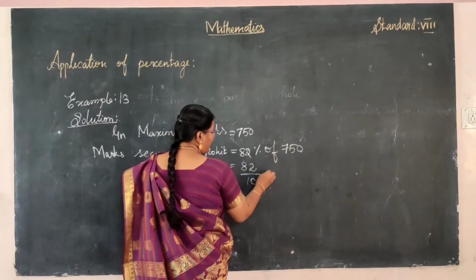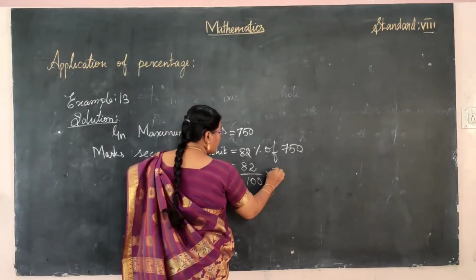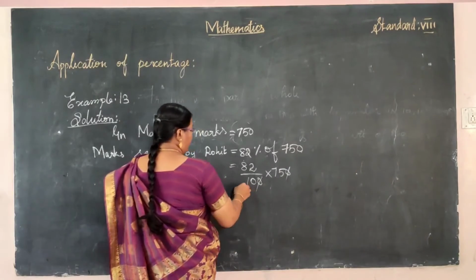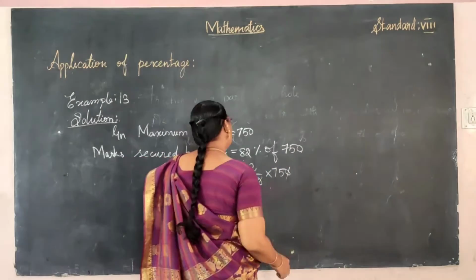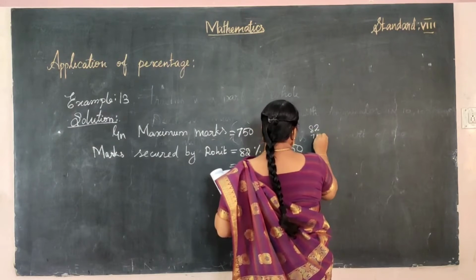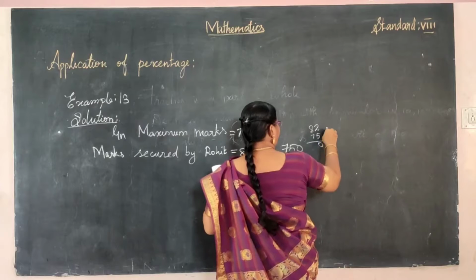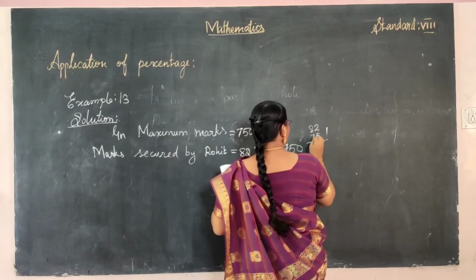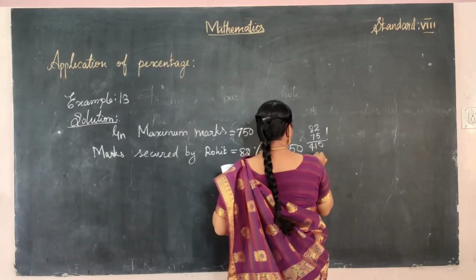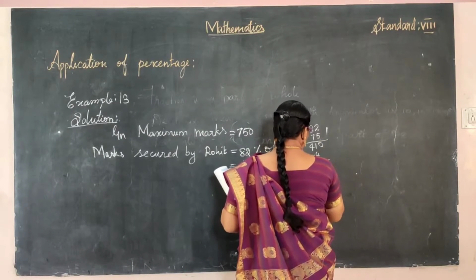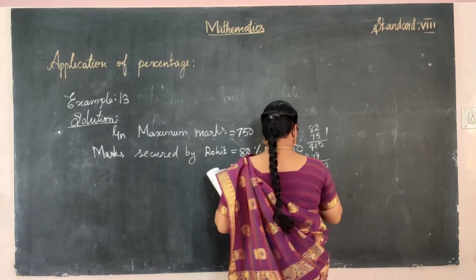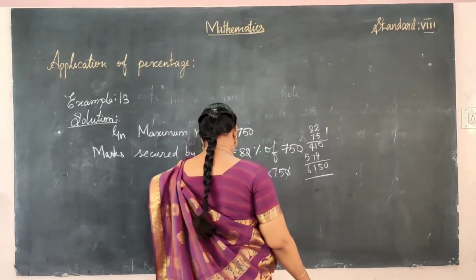Of means multiplication. So 750 cancels with the 100. Multiply the numerators: 82 into 75 is 6150.